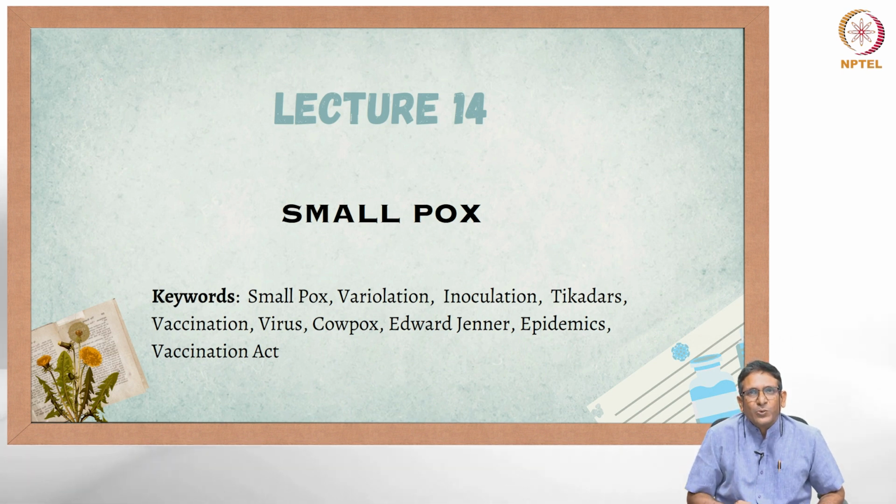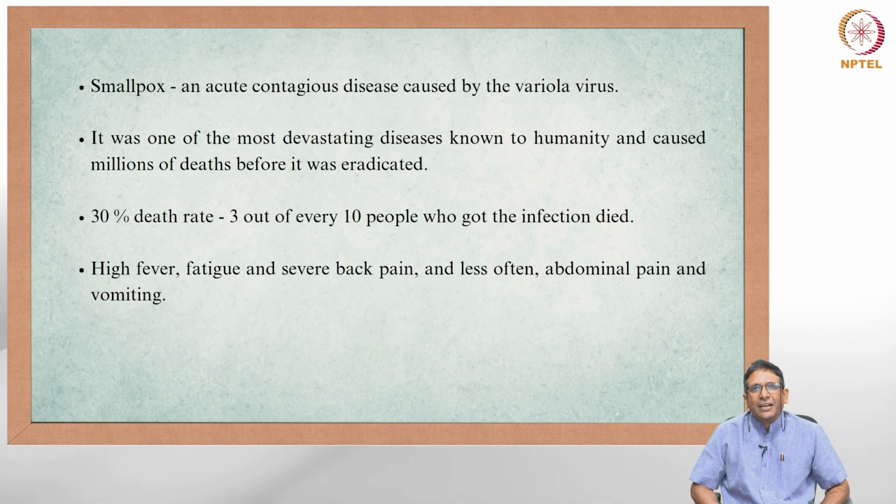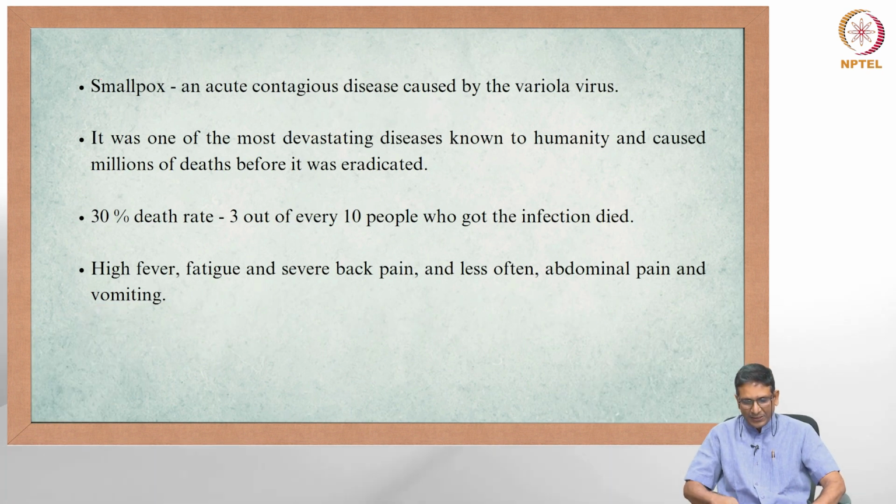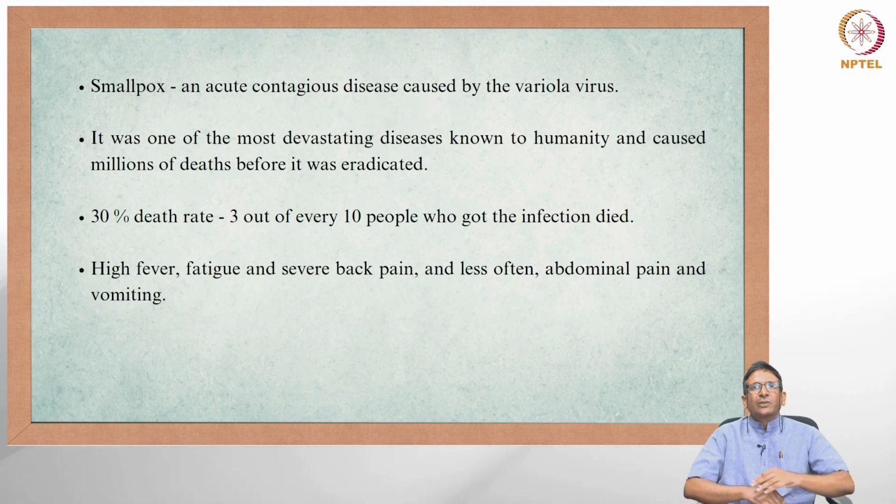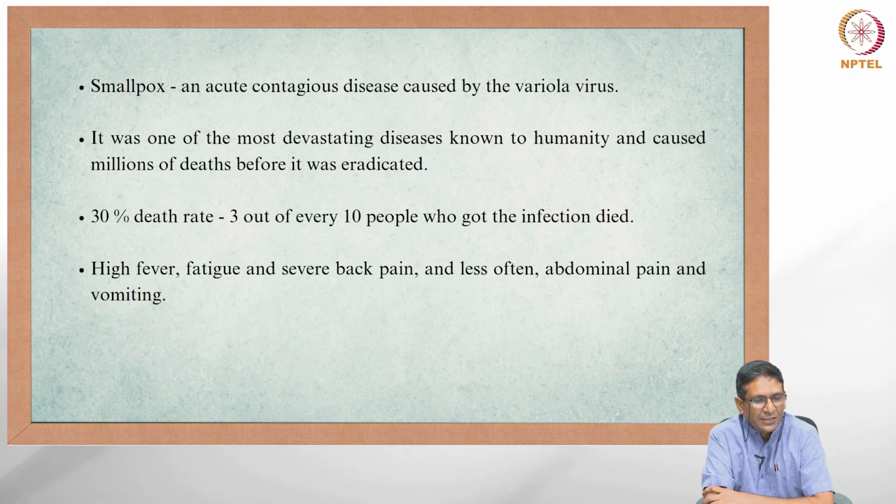And smallpox was one of those serious kinds of diseases. And of course, it has a long history all over the world. So, it was acute, so we can say it was, because it is no longer there. It has been eradicated, as we will see.